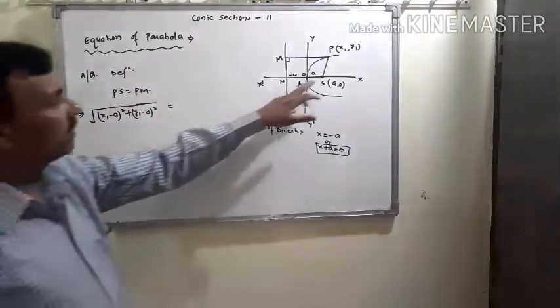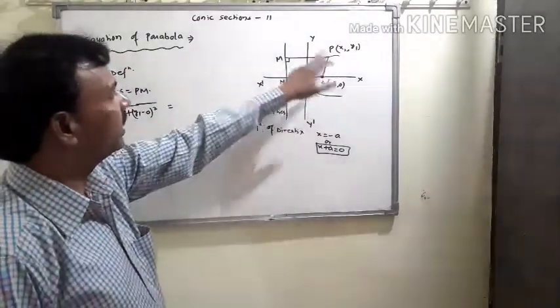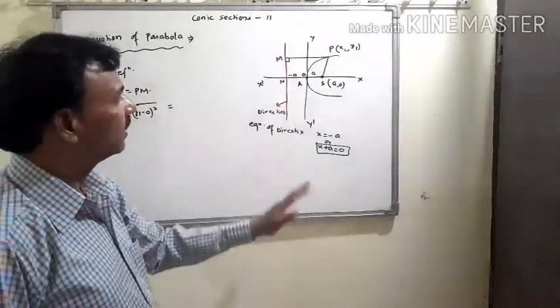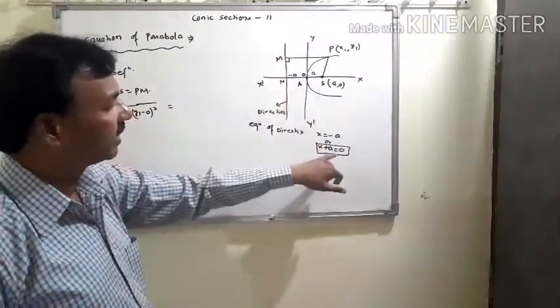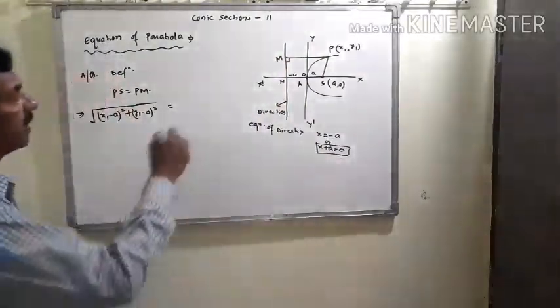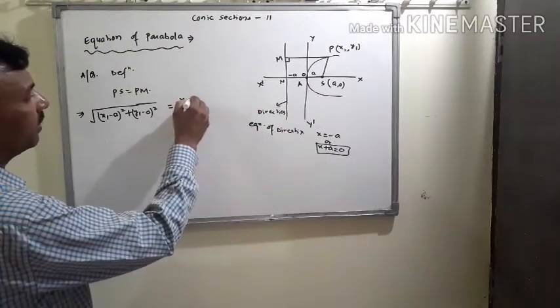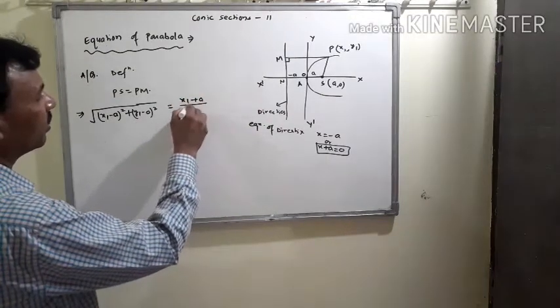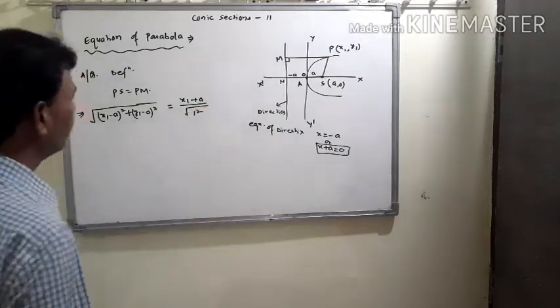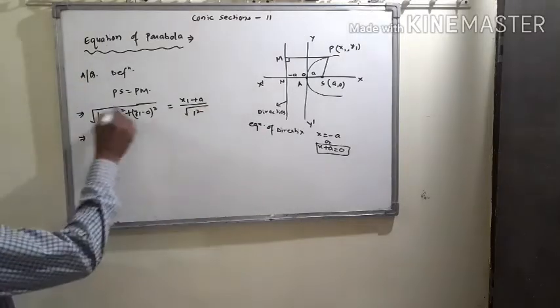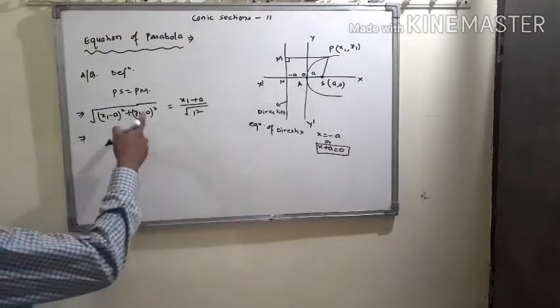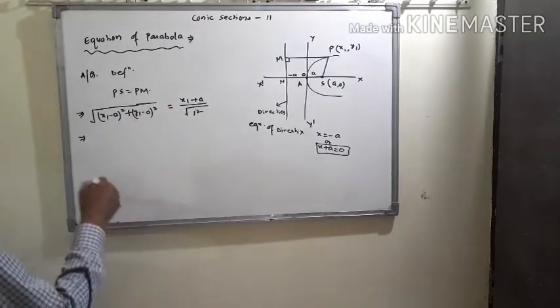PM is the distance of P from this line. Since the equation of this line is x plus a, PM will be (x1 plus a) whole upon root under 1 square.